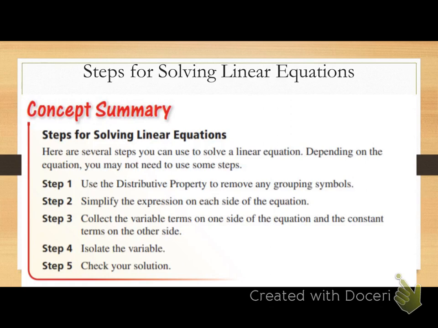So here's just the steps again that we went over. Step 1, use the distributive property to remove any grouping symbols. Step 2, simplify the expression on each side of the equation by combining like terms. Go ahead and write that in there.